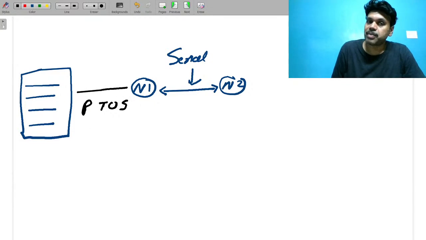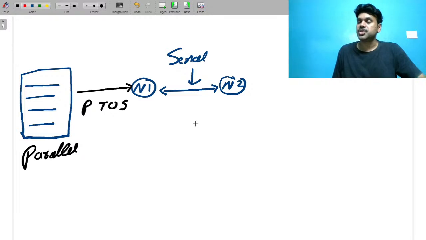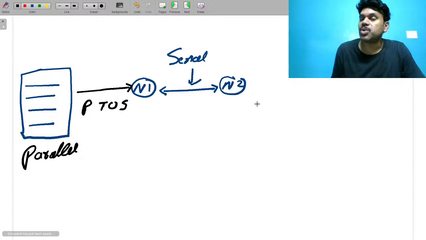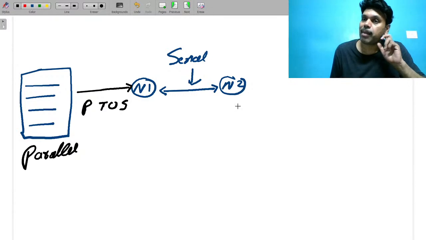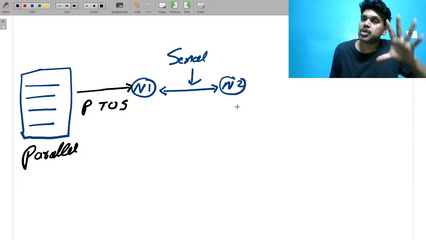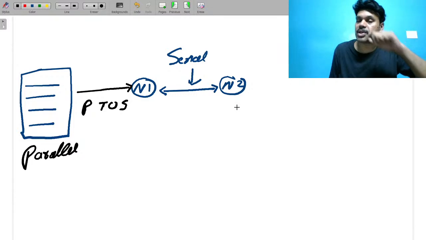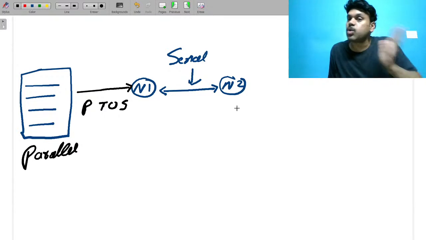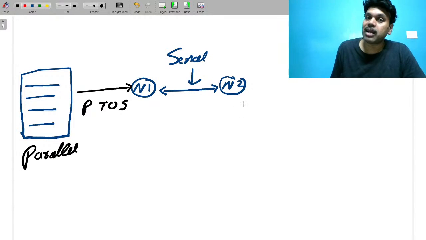Now this data becomes serial. Even though you are sending your data in the form of parallel, we hand it over to the node as serial, because only one link is provided there. In general, you speak of multiplexing, mux and demux: multiple input lines are compressed into a single line. While going out, we want to hand over the data in parallel only.